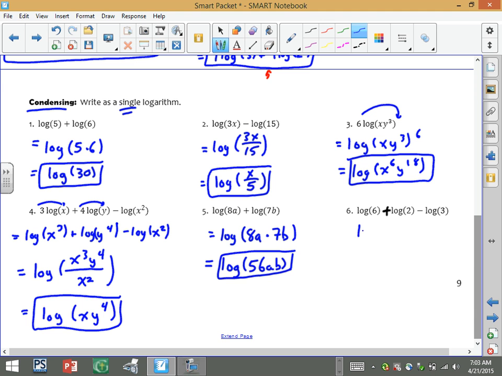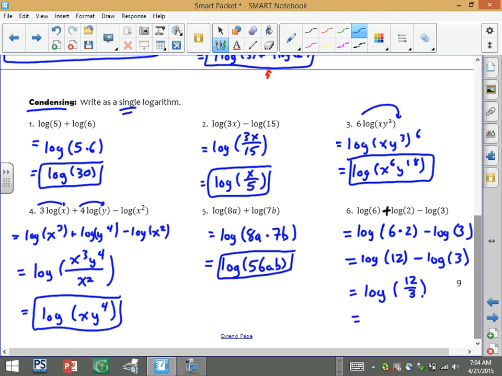So we have log of 6 times 2 minus log of 3, which will turn into log 12 minus log of 3. And then that subtraction turns into division, so we end up with log of 12 over 3. Then we know 12 divided by 3 is 4.